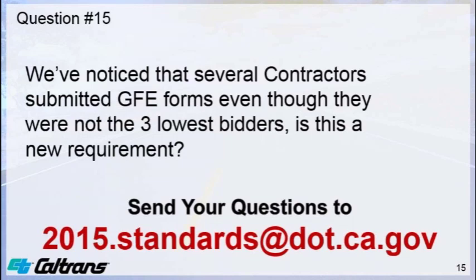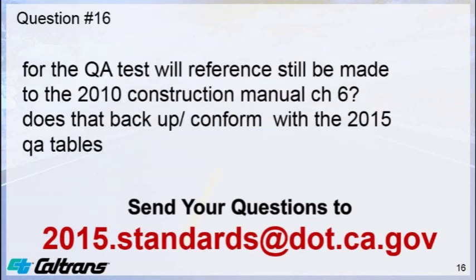Because of electronic bidding, those forms are required at time of bid. Also, I would suggest reading Section 2.133, where it says when the forms are due. So the contractor is submitting those forms and being evaluated based on their bid at bid opening.